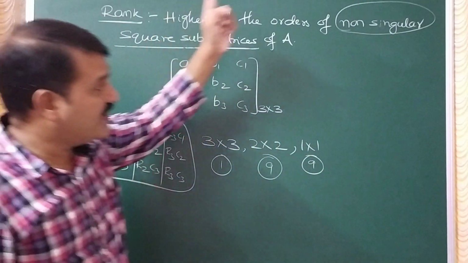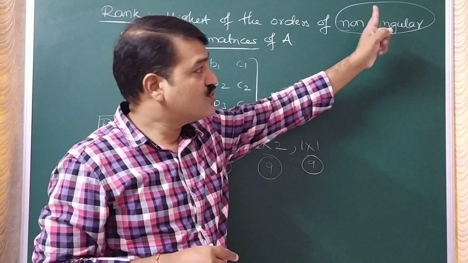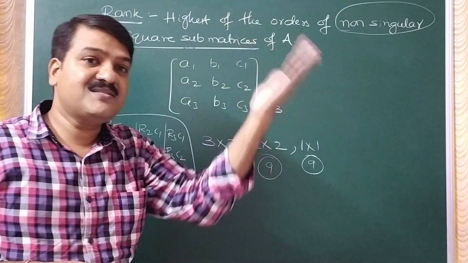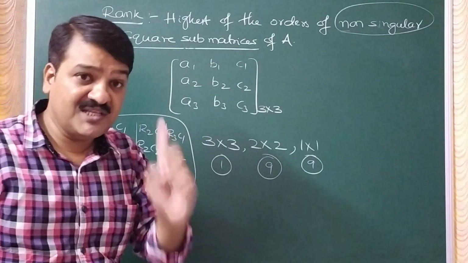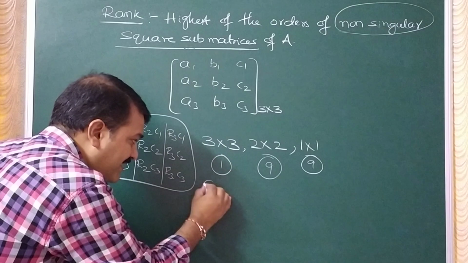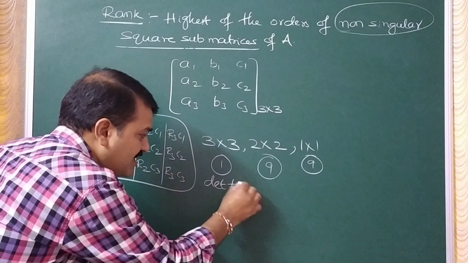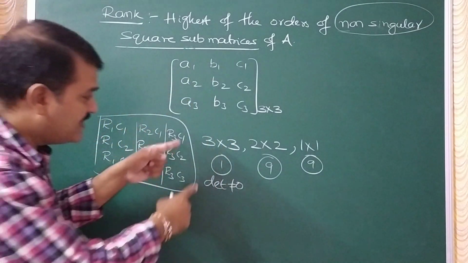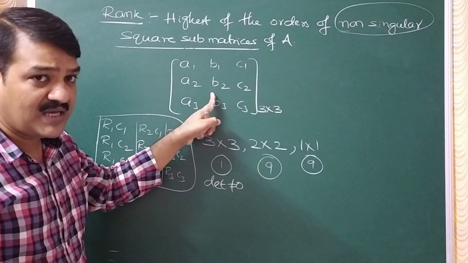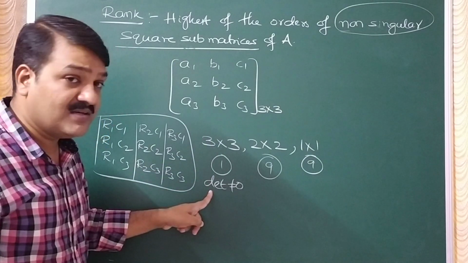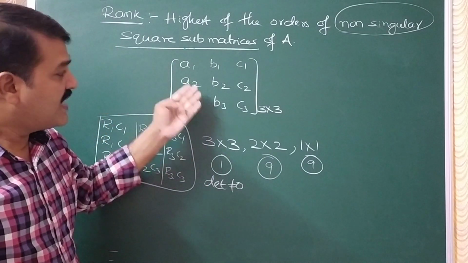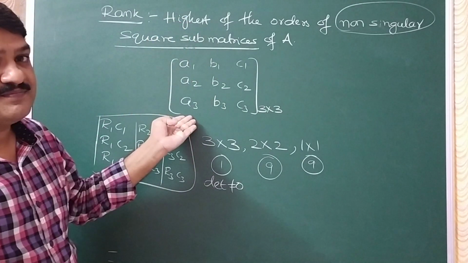In these we have to take only the non-singular ones. If you take the non-singular submatrices, then the highest order is the rank. Since we want the highest order, I will check the determinant of the 3 by 3 submatrix, of which you have only one. If its determinant is not equal to 0, the highest order will be this only.